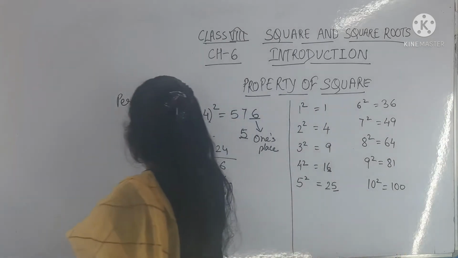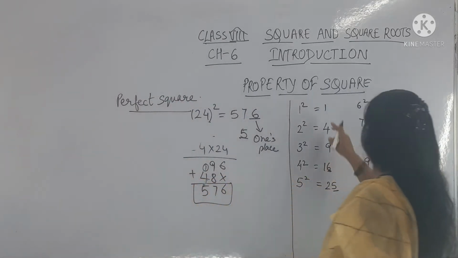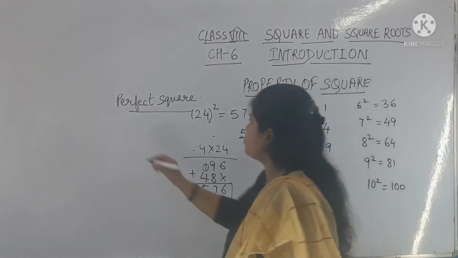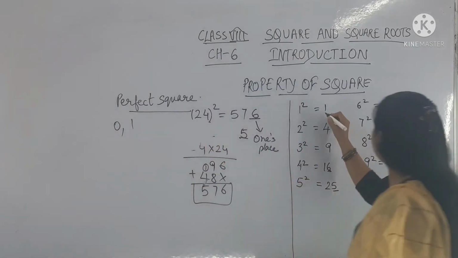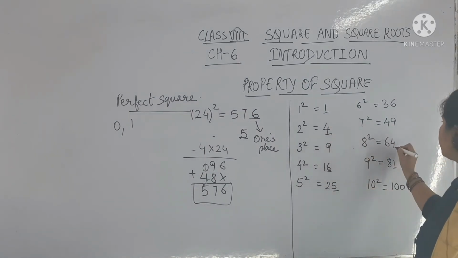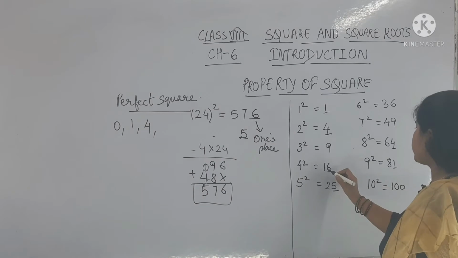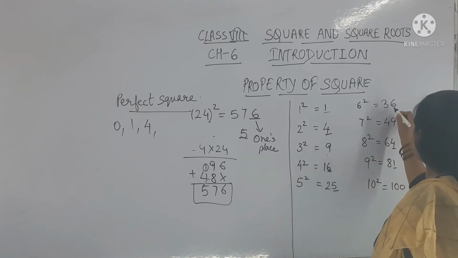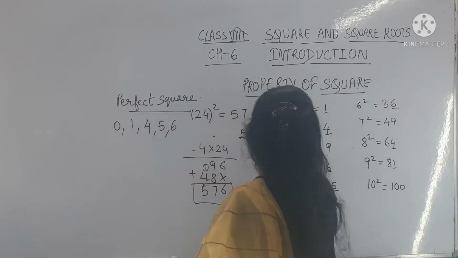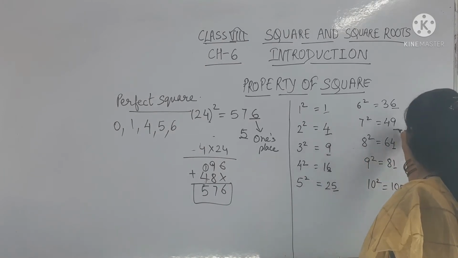For a perfect square, the last digit is 1, 0, 1, 4, 6, 5, 6, 9.